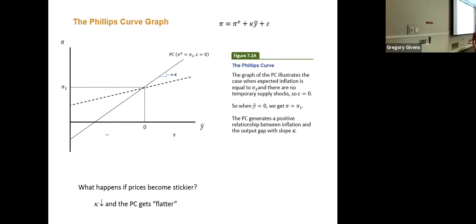So the stickier prices become, the more firms that have sticky prices in the economy, the harder it's going to be for a central bank to try to stabilize inflation relative to the output gap and vice versa. As prices get more flexible, or as more firms have flexible prices, the Phillips curve steepens, and that trade-off is less severe. You can generate a big reduction in inflation with just a minor output gap in that case. Very good.